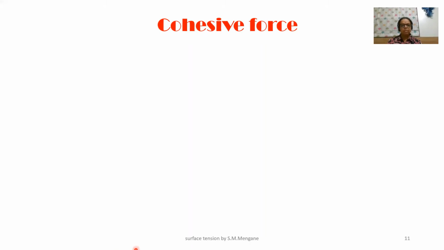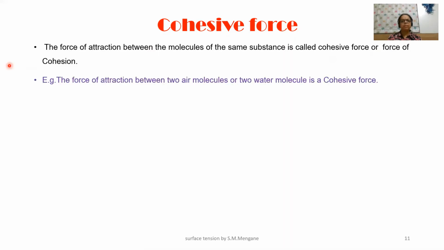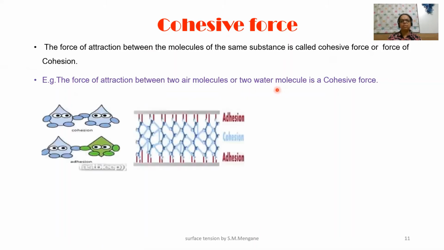Cohesive force. The force of attraction between the molecules of the same substance is called cohesive force, or force of cohesion. Example, the force of attraction between two air molecules or two water molecules is a cohesive force.